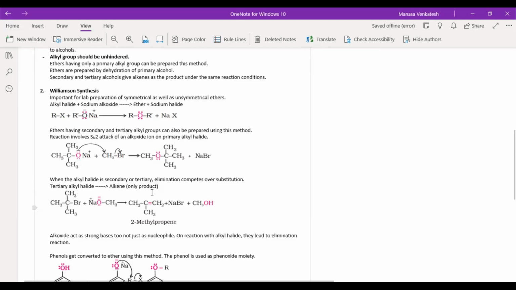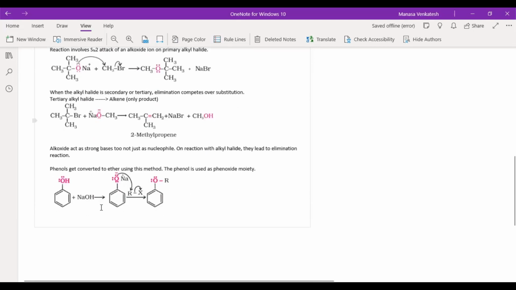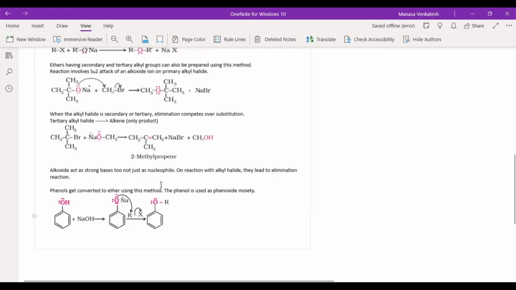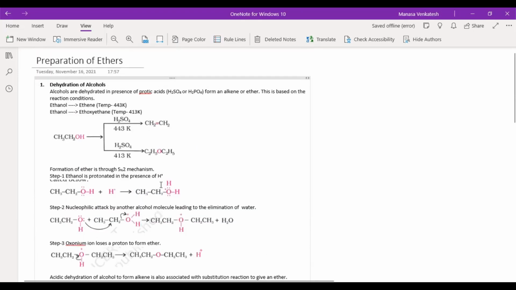The reason is that elimination competes over substitution. The alkoxide acts as a strong base, not just as a nucleophile. So it can react as a base as well, and that leads to the formation of an alkene, which is an elimination product. Next, phenols are converted to ethers using this method. So you have sodium phenoxide ion reacting with an alkyl halide to give us an ether. With that, we're done with the synthesis of ethers.